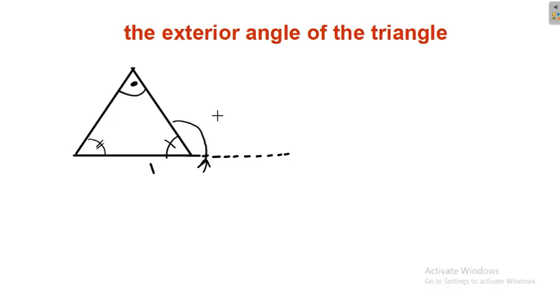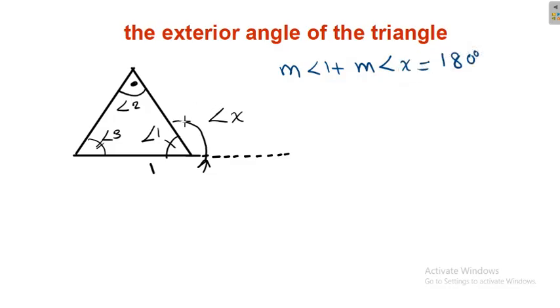Let's name it angle x. Let's name these angles angle 1, angle 2, angle 3. On the straight line, measure of angle 1 plus measure of angle x equals 180. Why? Because these are two angles on a straight line. And measure of angle 1 plus measure of angle 2 plus measure of angle 3 equals 180. Why? Because they are the interior angles of one triangle, 1 and 2 and 3.